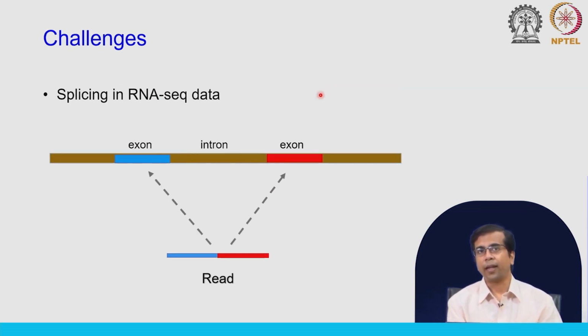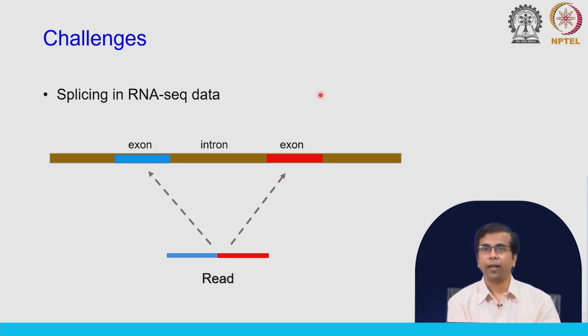And finally, there is another challenge. This is a specific challenge for RNA-seq data. We will talk about this in a bit more detail when we talk about transcriptomic data analysis and read mapping in RNA-seq data. So, what happens in RNA, when you are processing RNA samples, in mRNA you have splicing.